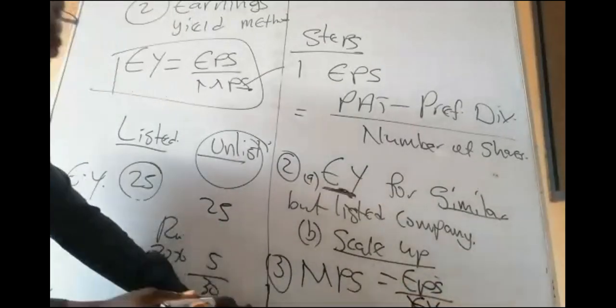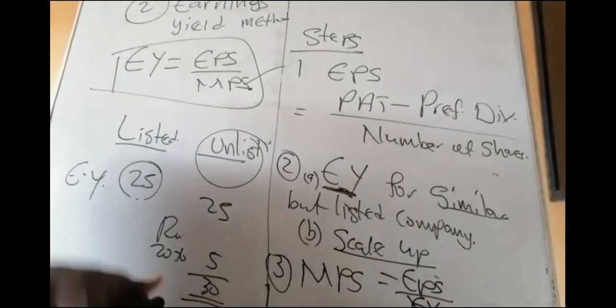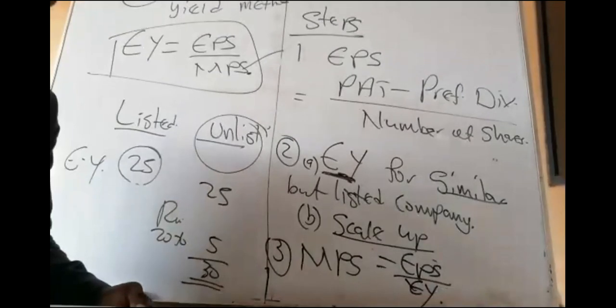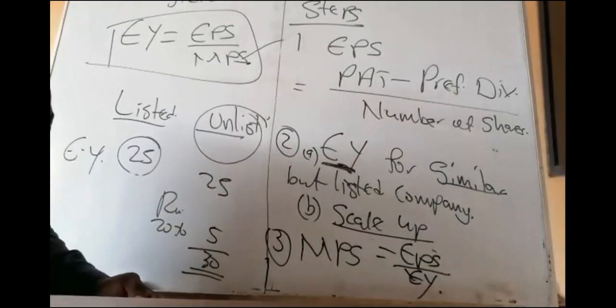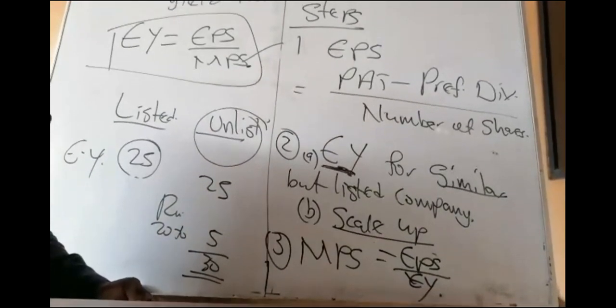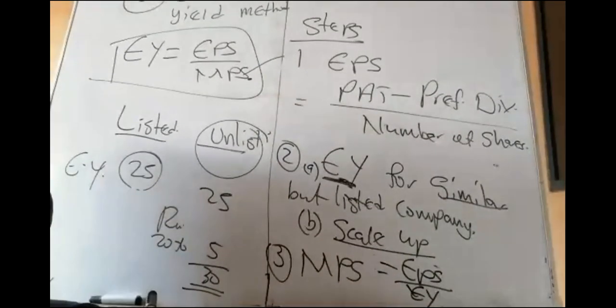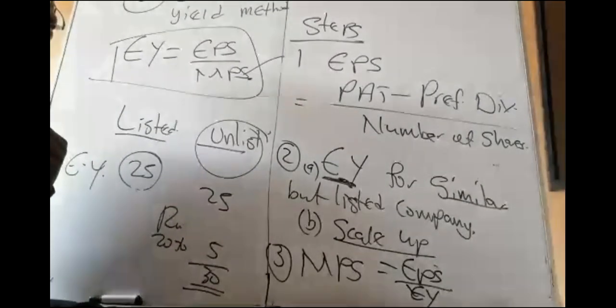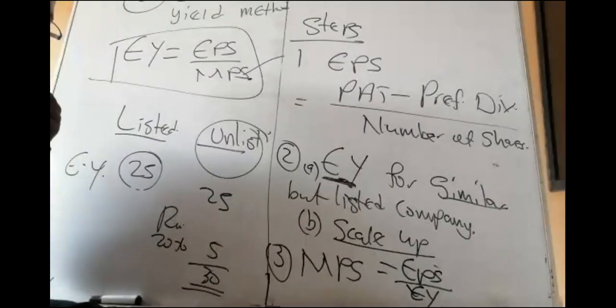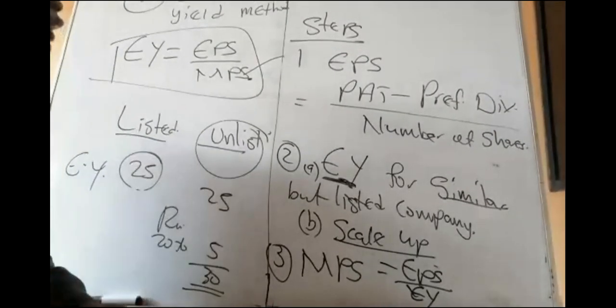So that's step 1 divided by step 2. In fact, anywhere you meet something yield, you use the yield to calculate the market price. These are the 3 steps you have to go through. So you will meet it again. Okay, so we are done.